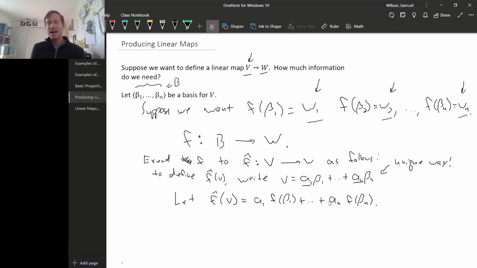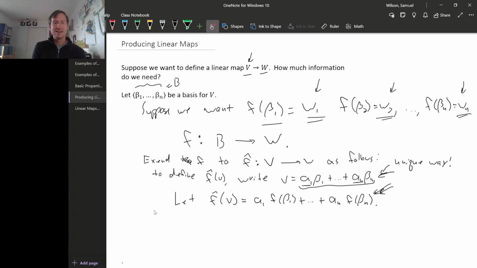Before we do that, let me point out that we had no choice in this definition. If we want these basis vectors to get sent to these outputs, and if we want our function to preserve structure, then there's no choice for what should happen to this vector. If f is going to preserve structure, it has to send this vector to that. So really, there was no choice in this definition. The only question is, does the result still preserve structure?